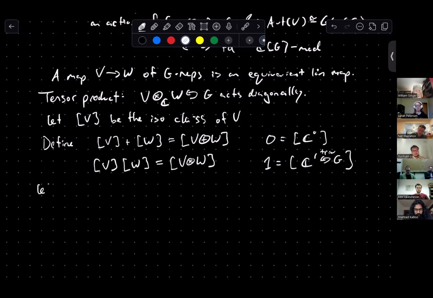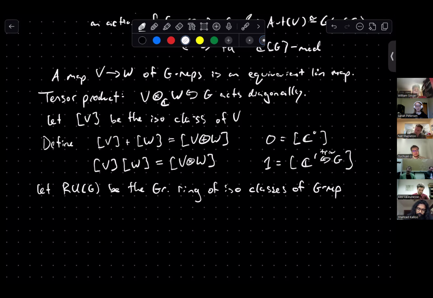So we'll let R_U(G) be the Grothendieck ring of isomorphism classes of G representations with this sum and product.